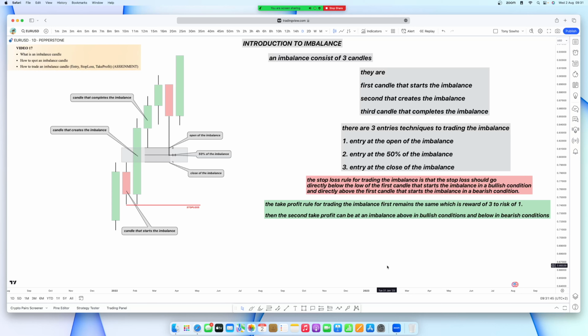The institutional numbers are numbers ending with 00, 20, 50, 80. So anytime I'm getting in on a trade, I make sure that my entry is ending at either 00, 20, 50, or 80.